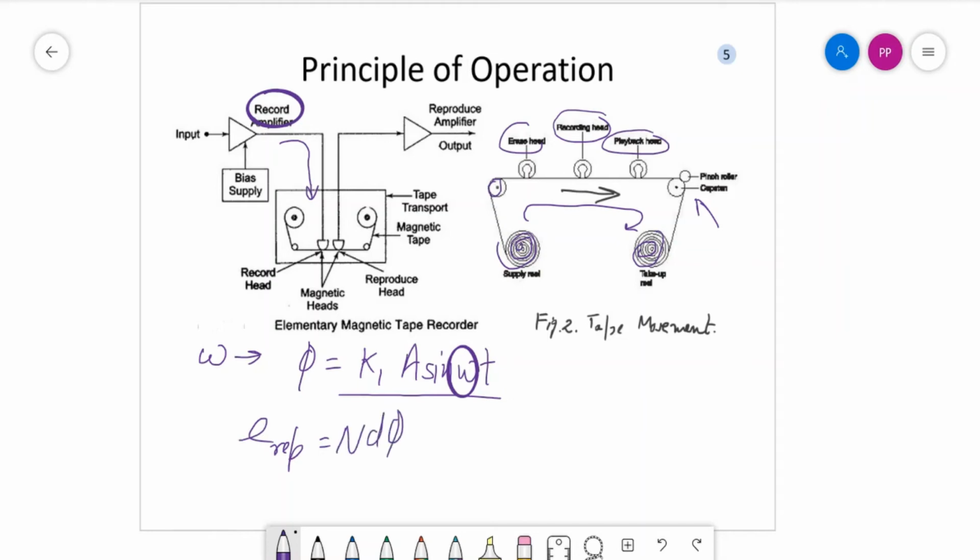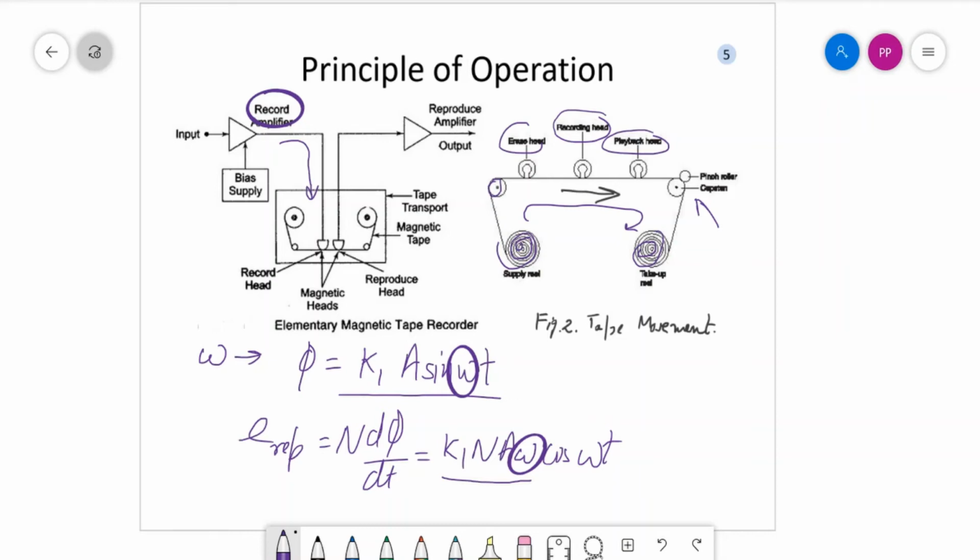So this is d phi by dt, equal to k1 Na omega cos omega t. So the reproducing head will have the information about all this. The number of turns will modify the reproducing voltage, and the information of the frequency associated is reproduced.